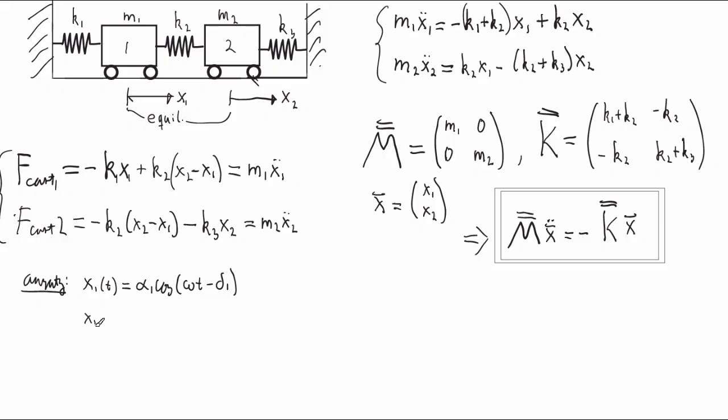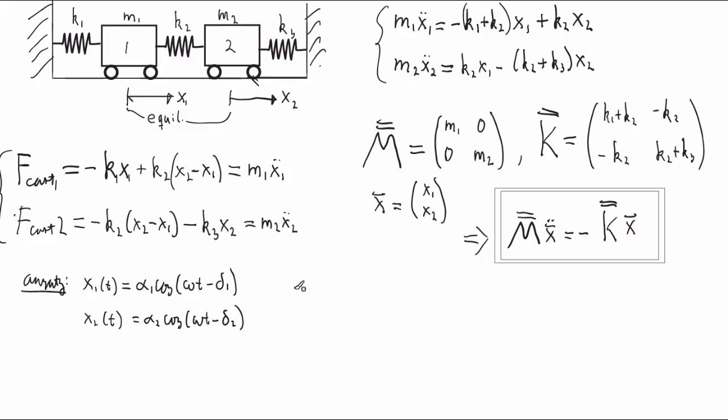And I'm going to say that x2 of time is some other amplitude, a2, times cosine of omega t minus delta 2. So that's my ansatz. So I have two different amplitudes, I have two different phase shifts, but both of these equations have the same frequency. So both of the oscillators, or both of the carts, are oscillating at exactly the same frequency.